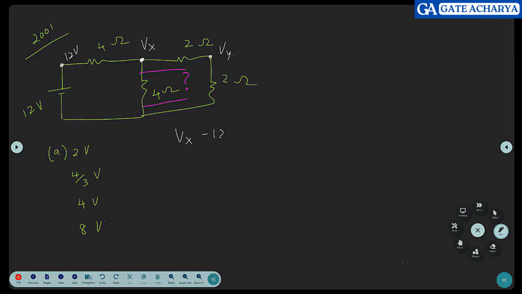Vx minus 12 divided by plus Vx minus 0, because this branch is there, no? Vx minus 0 divided by 4 plus Vx minus Vy by 2 equal to 0.